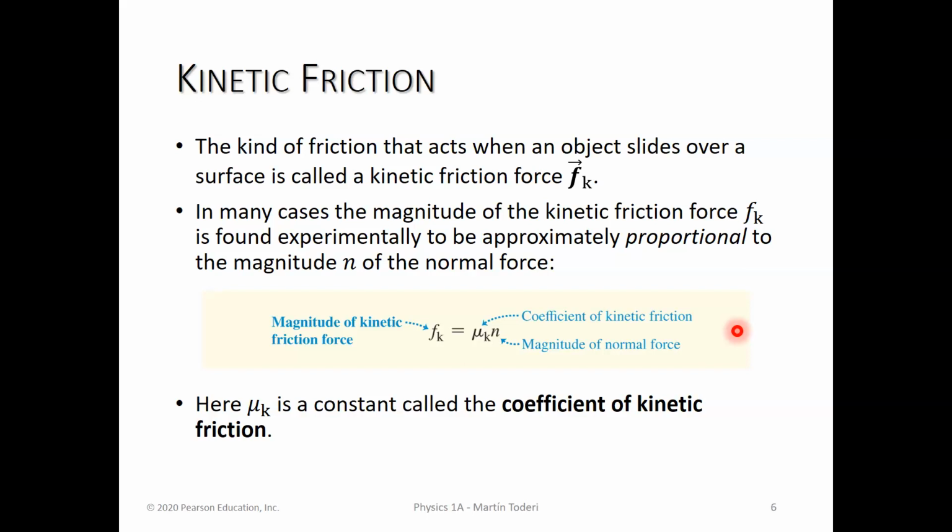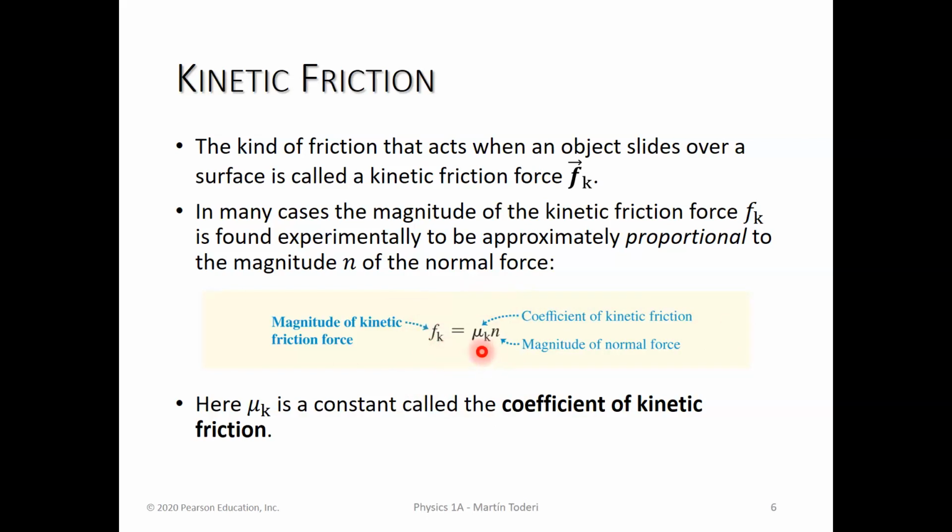So the magnitude of this kinetic friction is found experimentally to be proportional to the magnitude of the normal force. Please take a look here and see that this is not a vector equation. This is a scalar equation.